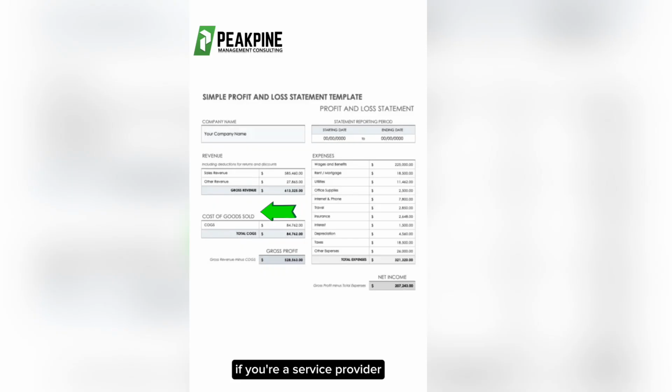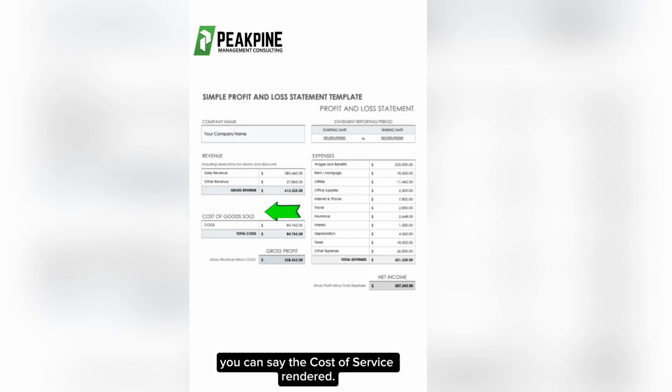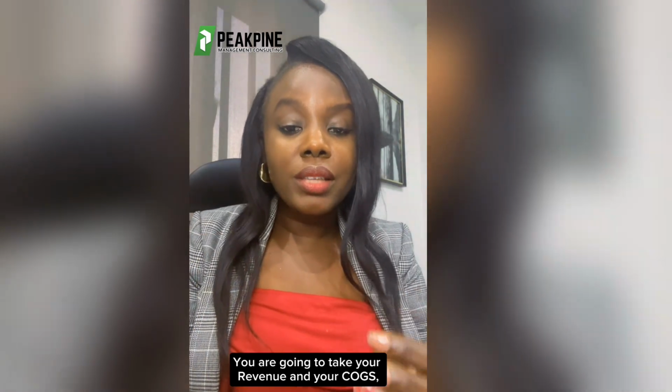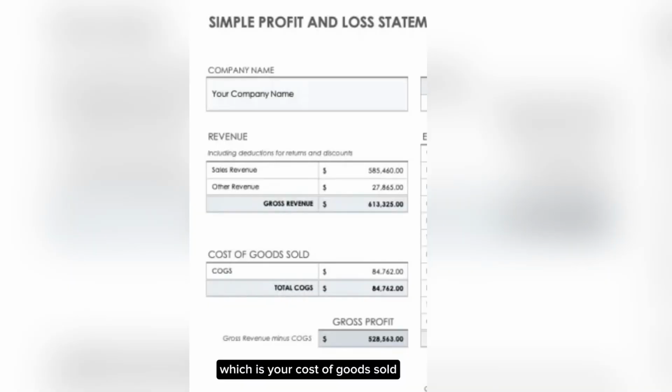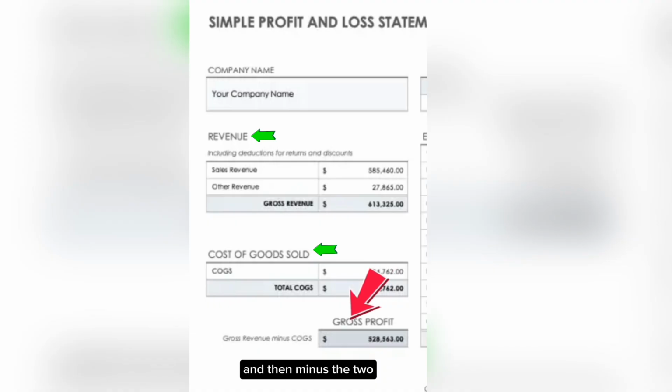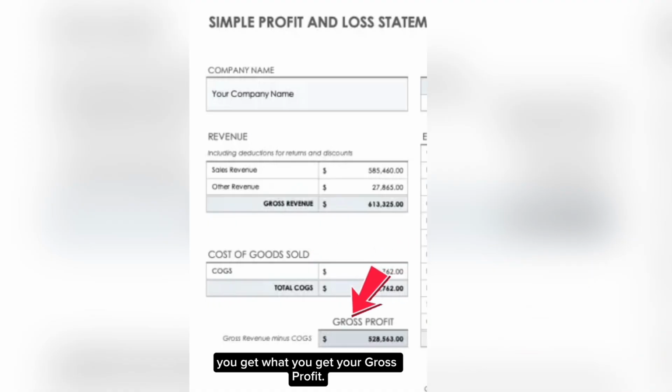If you're a service provider, you can say the cost of service rendered. You take your revenue and your COGS, which is the cost of the product that you created and then sold, and you subtract it. You get your gross profit.